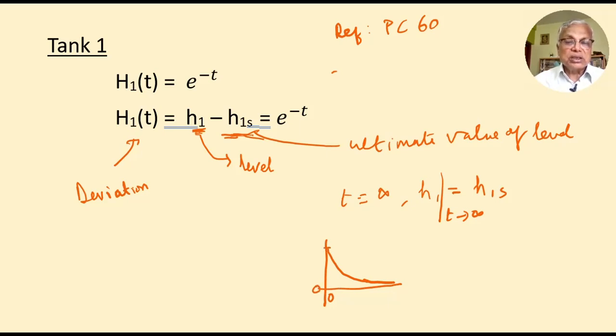So this is the e power minus t curve. So the maximum value of this deviation, capital H1, occurs at t equal to 0, and its maximum deviation value is 1 foot.